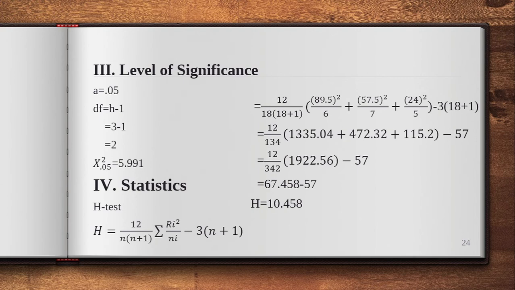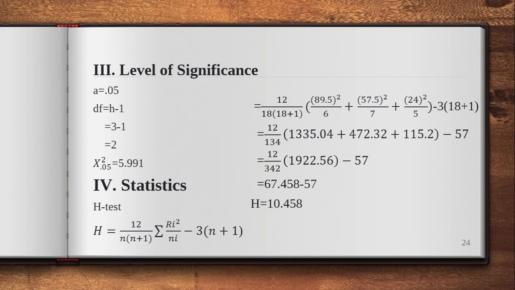We have 12 over 134, we have 12 over 342 times 1922.56 minus 57.